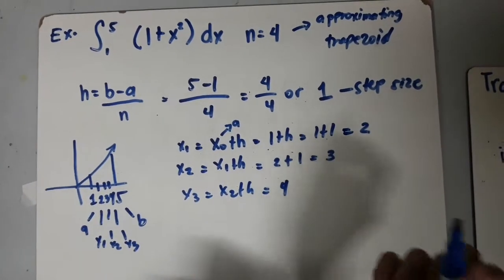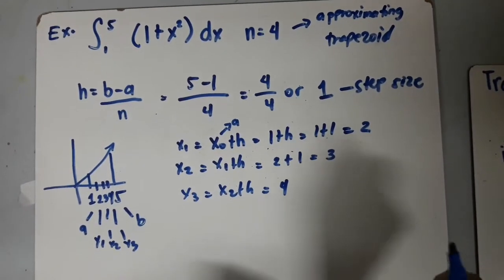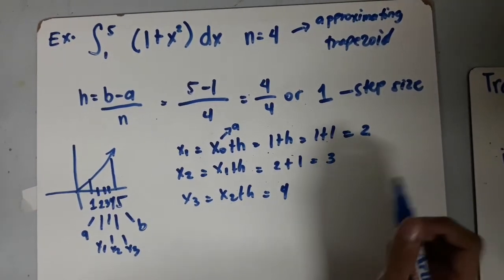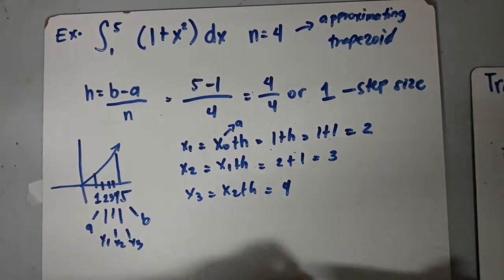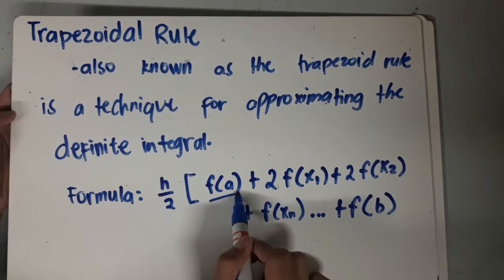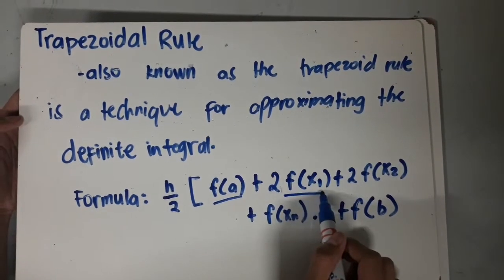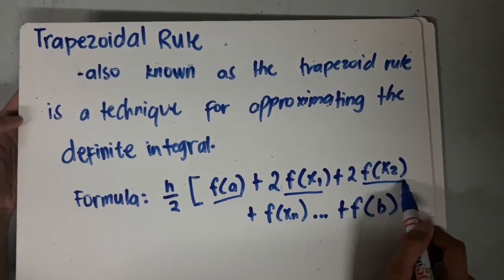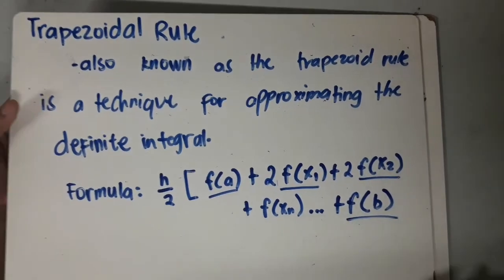The next step is computing f of a. For the formula, we can substitute the answers. Let's compute first f of a, then f of x sub 1, then f of x sub 2, then f of b.